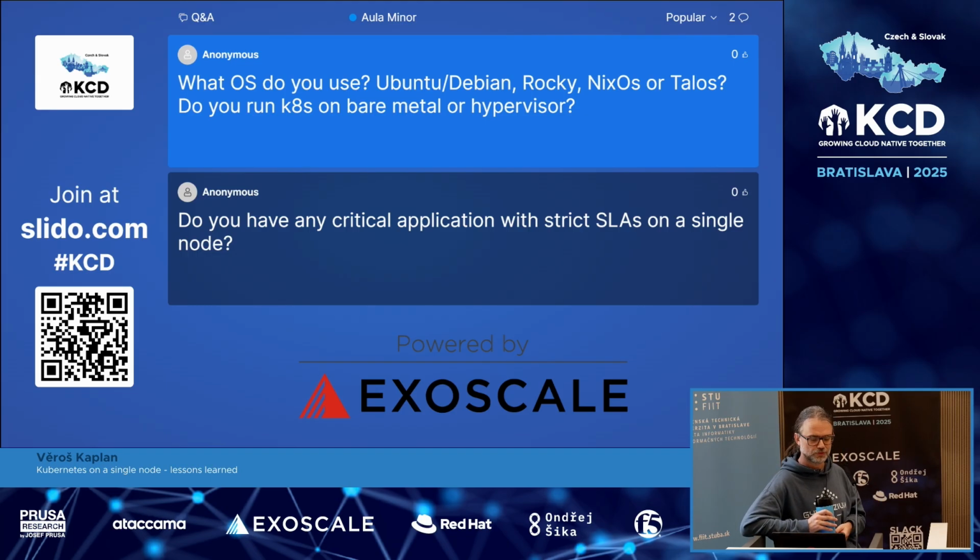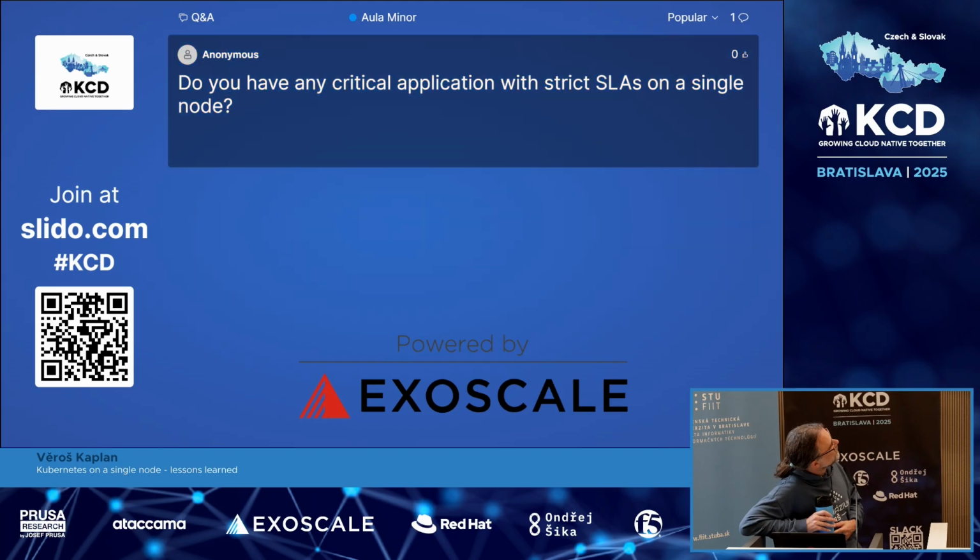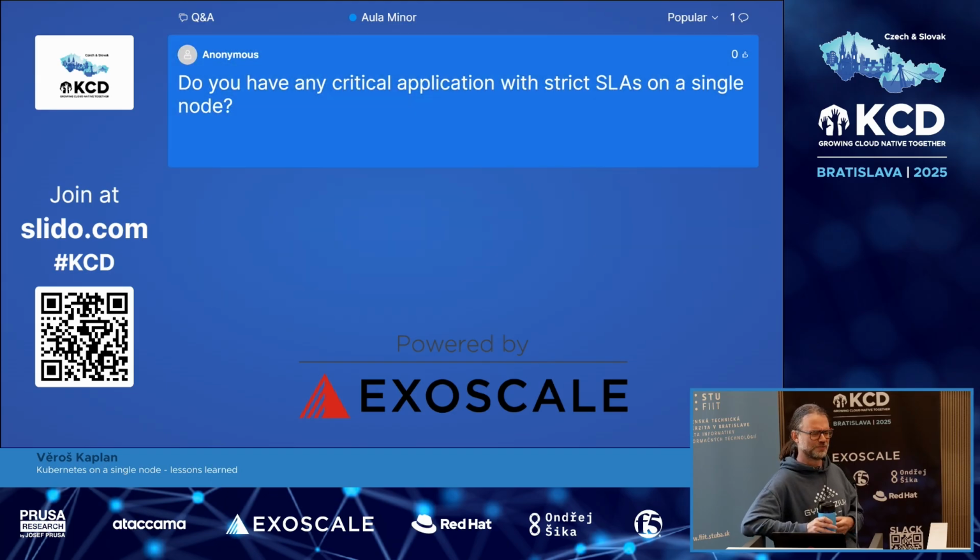Well, and do you have any critical applications with SLA on a single node? No. Why? Well, usually if you are in the small IT business, the client says, well, we can't afford any downtime. And then my question is, well, what's your budget?